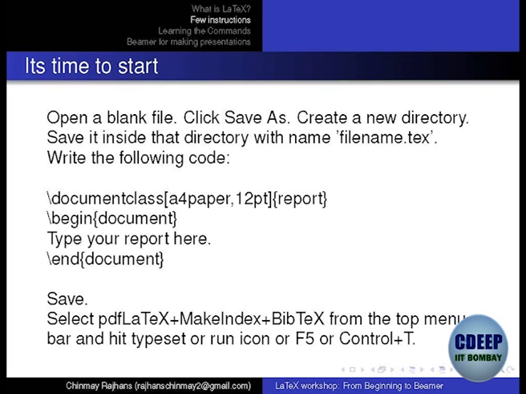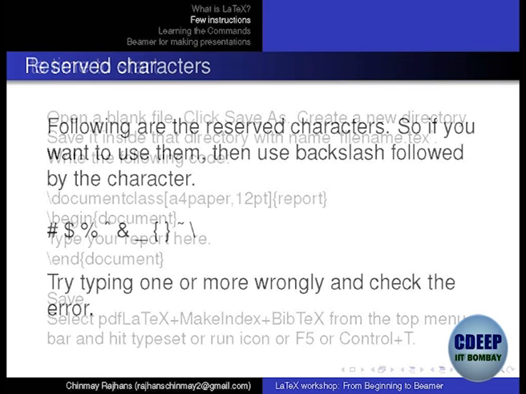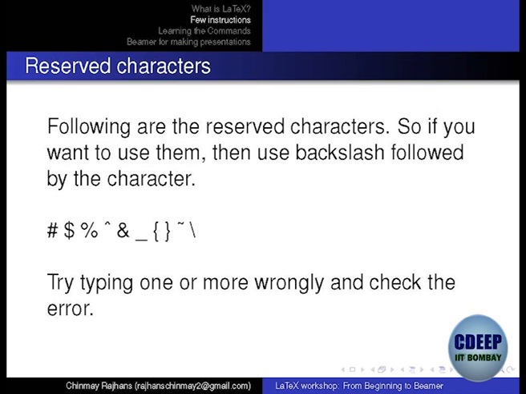Everything except the usepackage commands has to be written after begin document and before end document, right? The compilation is done by PDFLaTeX plus makeindex plus BibTeX, right? These are the reserved characters. If you use them, they don't appear.